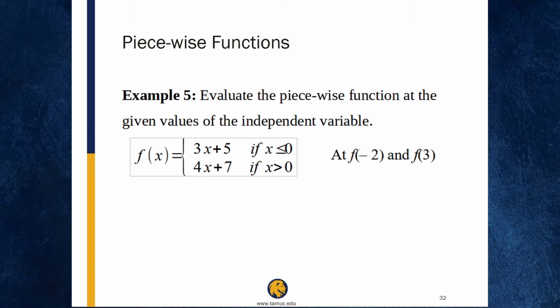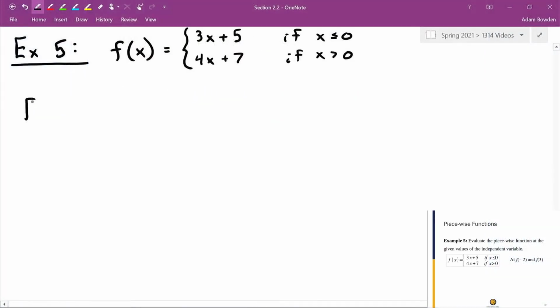So we have this indication of the value of x, and if it's in different numbers, it'll go into different parts of the piecewise function. So if I want to calculate f of negative 2, we look at the number for negative 2.